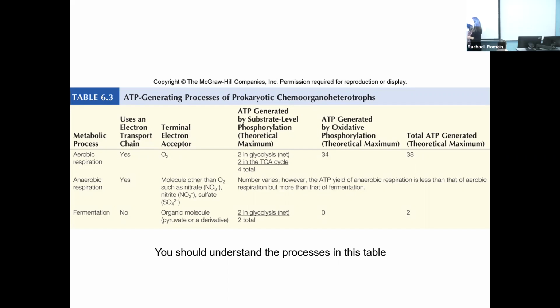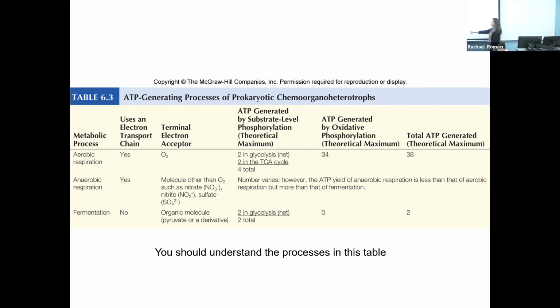In aerobic respiration, you only make 4 ATP through that direct production, but you make 34 ATP in electron transport for a total of 38. So electron transport is super important to any of these cells because that's the way you're going to make the most ATP inside the cell.